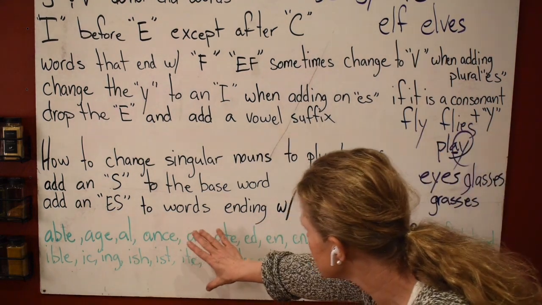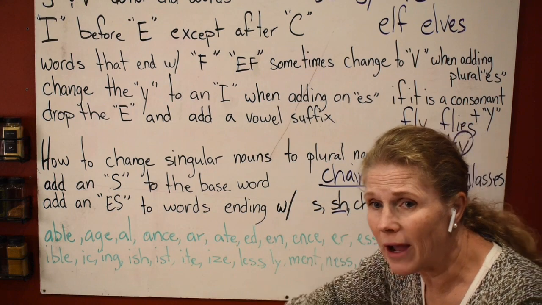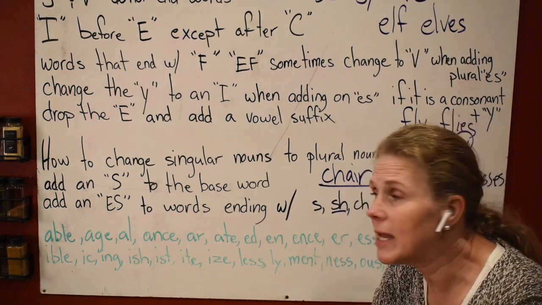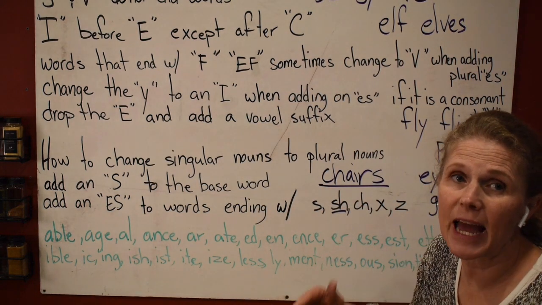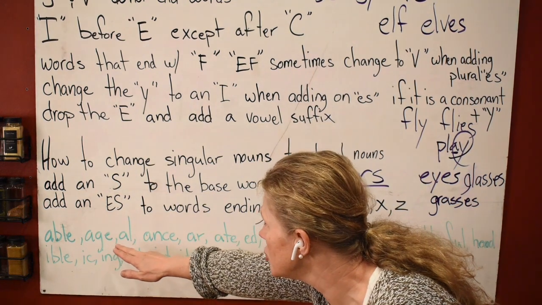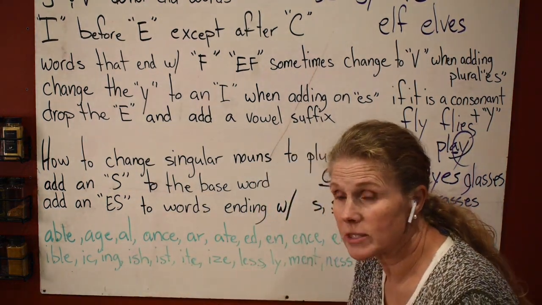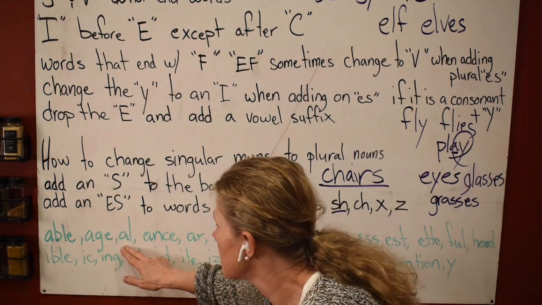Our suffixes. It's really important that you study your suffixes, know how to spell them, know what they mean. And so here are some of the main suffixes that get added on to base words. Able, age, ol. So see how these turn to schwa.